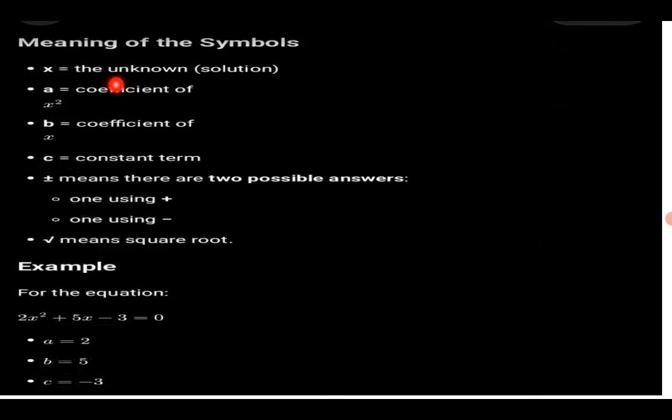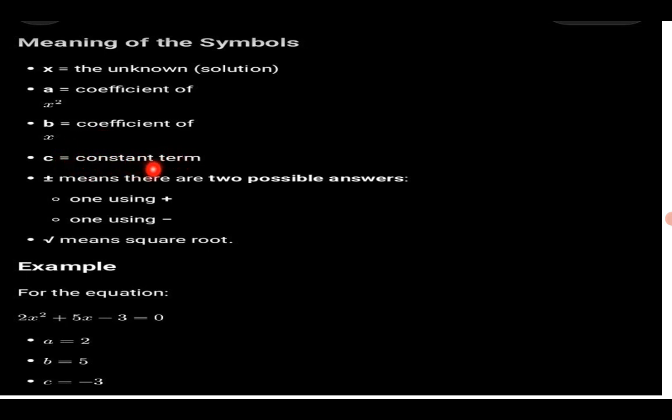In the general equation, x stands for the unknown, which has to be solved for, while a is a coefficient of x squared and b is a coefficient of x, while c is a constant term.